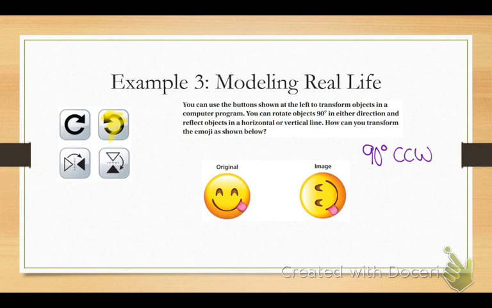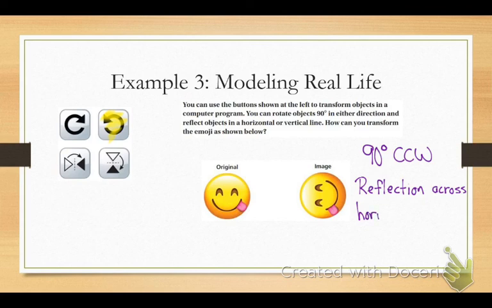It's got to do a horizontal reflection across the mouth, because the smiley face's tongue is on the wrong side. So we would say a reflection across the horizontal line, which is the bottom right button, so we can get the tongue on the opposite side.